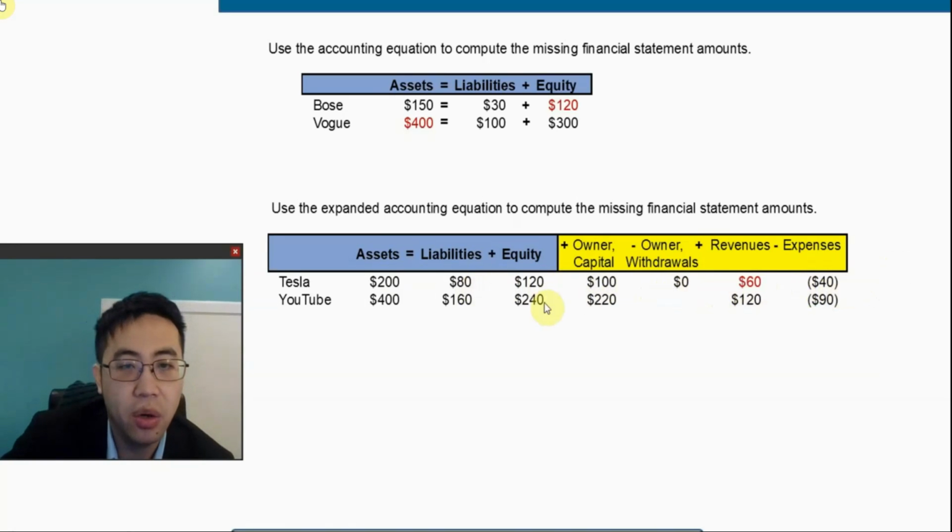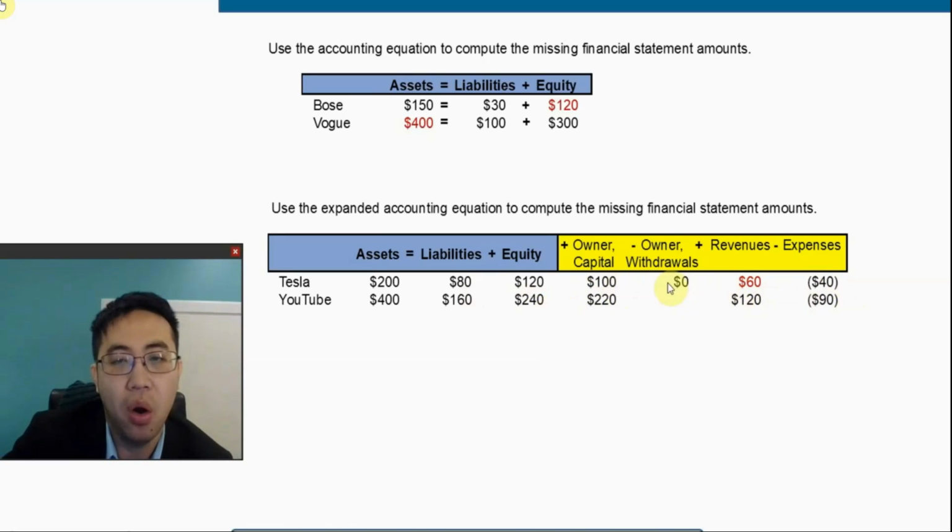And in the next case, equity of 240 equals owner's capital of 220, and you are missing owner's withdrawals. You have revenues of 120, and you deduct expenses of 90. So what would make the summation of the four numbers equal 240?